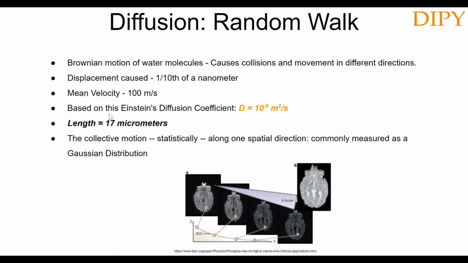It is given by Einstein's diffusion coefficient, 10 raised to power minus 9, and the average diffusion length is around 17 micrometers. The collective motion, we often try to model it using a Gaussian distribution, as you may have seen in DTI. And the ADC is given by the diffusion curve, like the exponential decay as the B values increase.